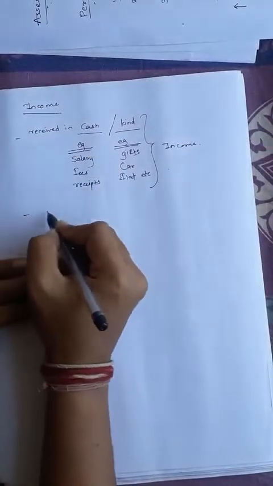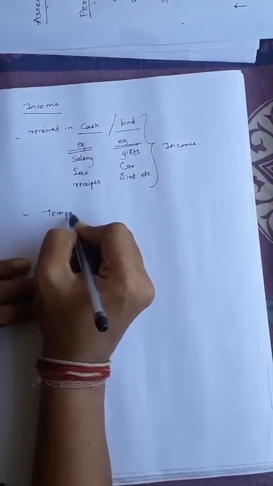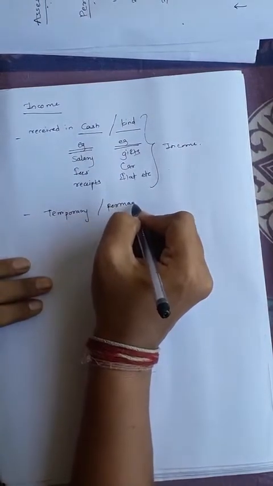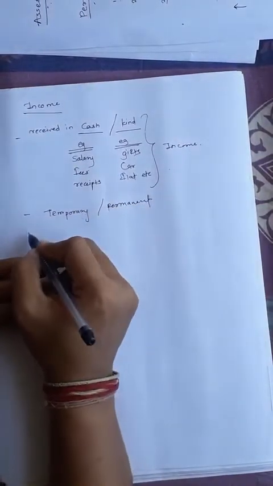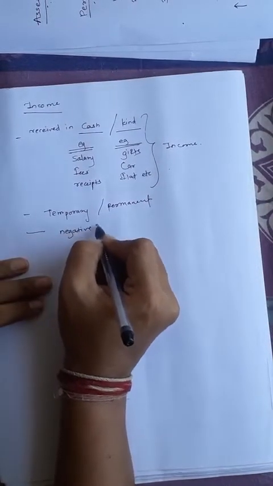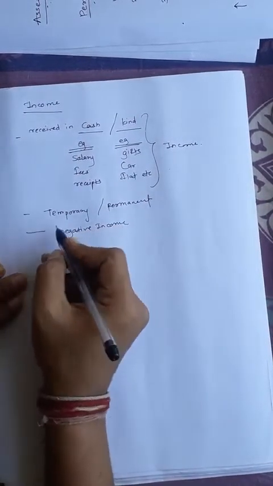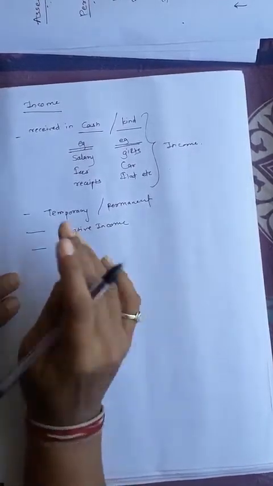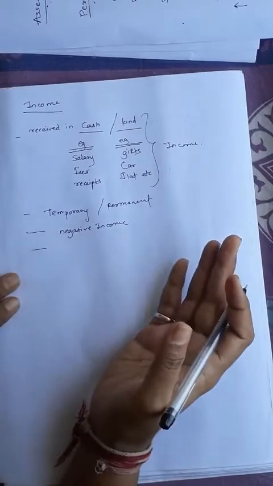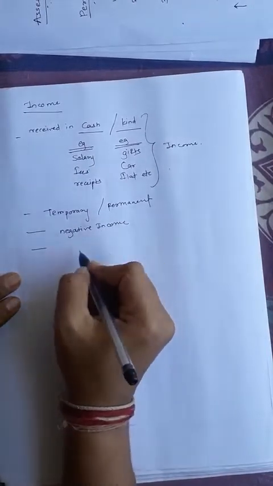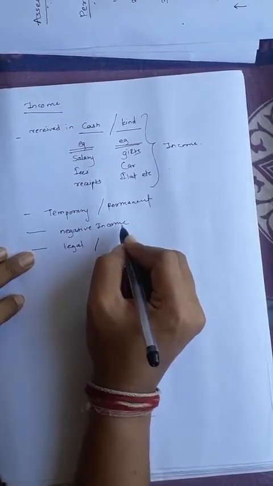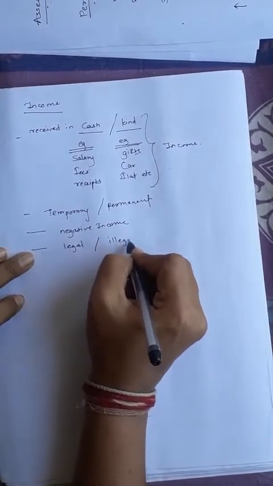Second one, income may be from temporary source or permanent source. Income also includes negative income. Negative income means losses. There is no difference between income received in lump sum and income received in installment, and this Act does not differentiate between legal and illegal income.